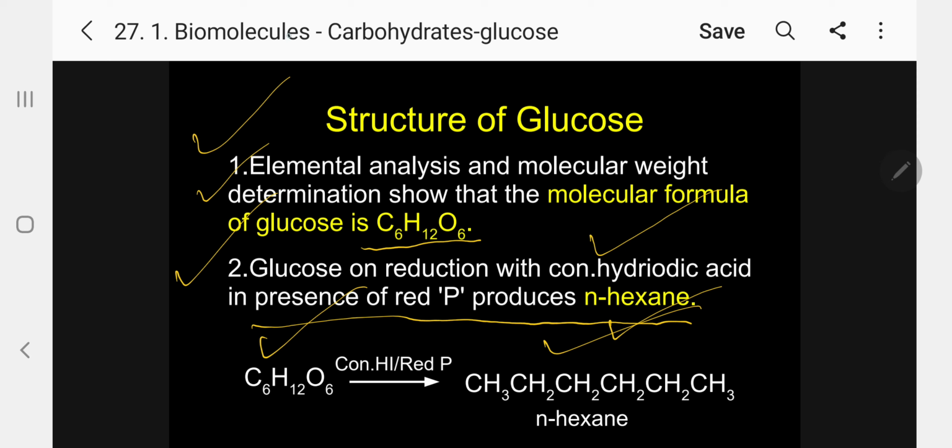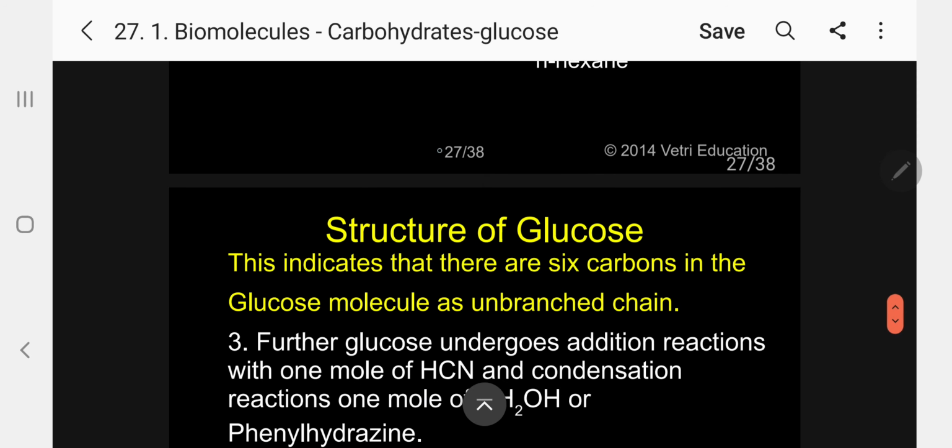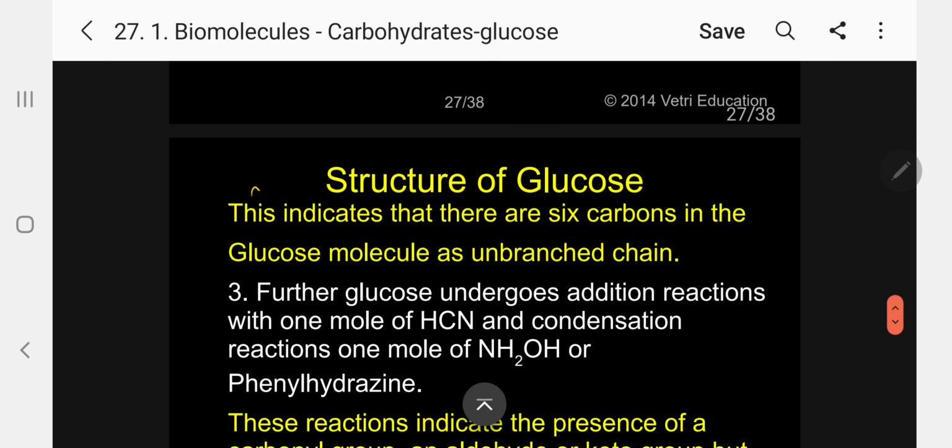So glucose may be a linear structure. This formation of n-hexane indicates that there are 6 carbon atoms in the glucose molecule as an unbranched, linear chain. Please follow. So the first information we are getting: molecular formula we know. The second, all 6 carbon atoms are in a linear chain.